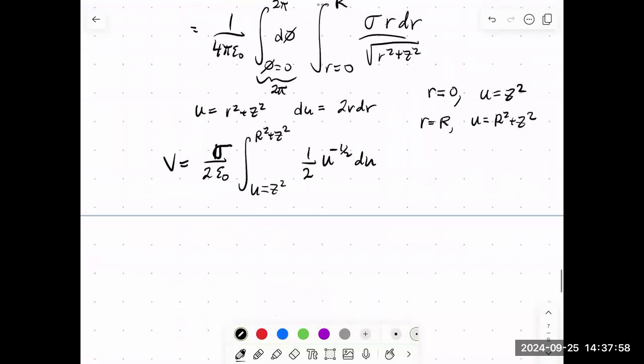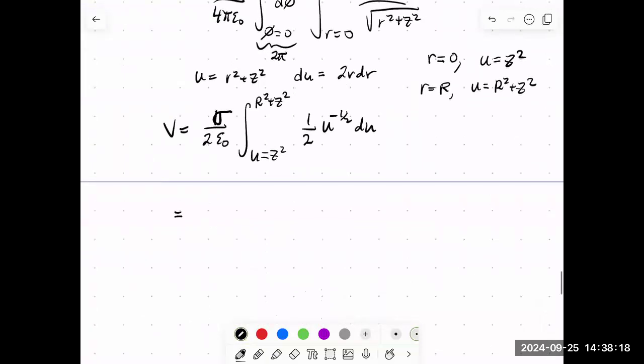Okay, good. Right. So let's see, when we evaluate the integral, we raise the exponent by 1, so it becomes plus 1/2, divided by that. So I guess we get a plus 2, which is going to cancel with this 1/2, I think. And so this is sigma over 2 epsilon naught, u to the 1/2 from z squared to R squared plus z squared.